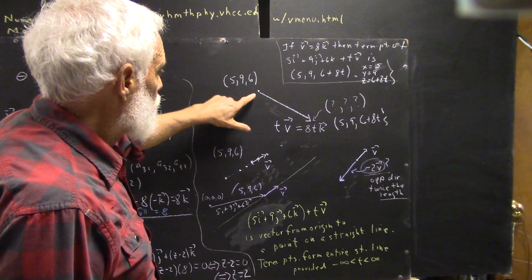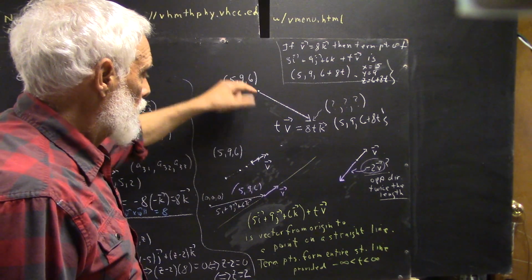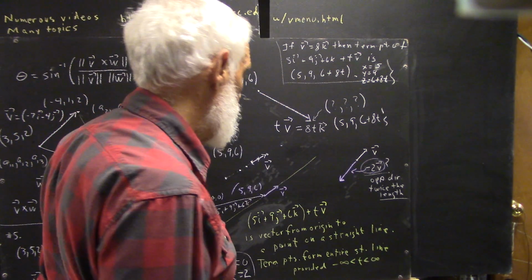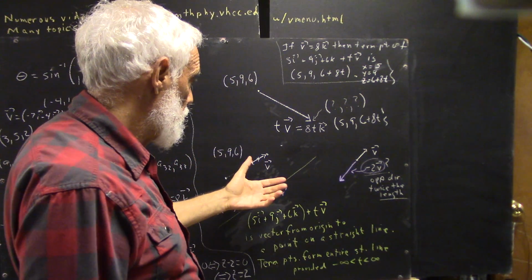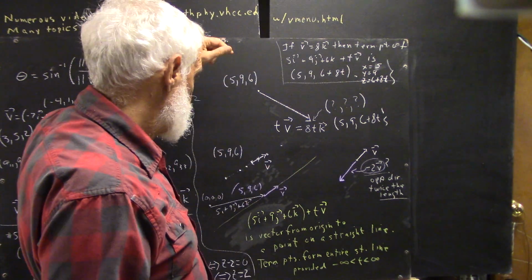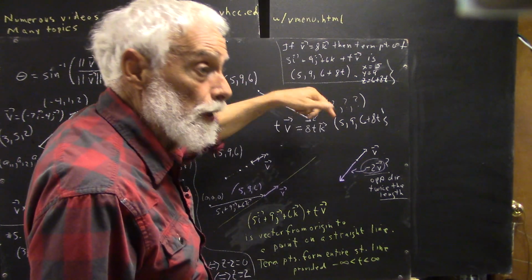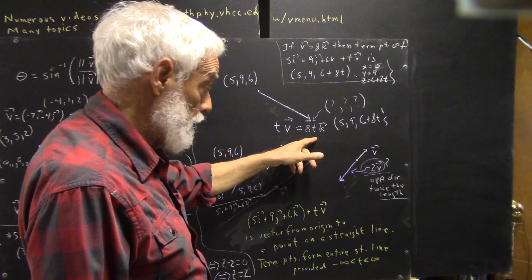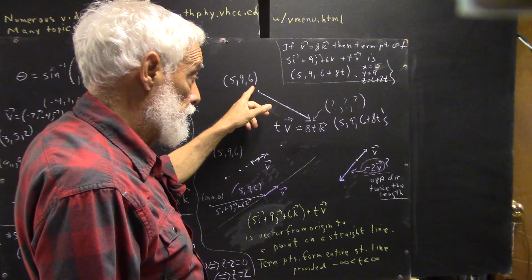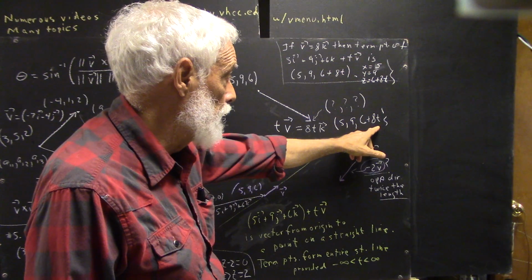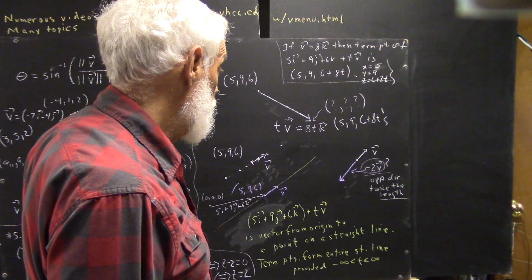If we have initial point 5, 9, 6, and we displace through the vector 8TK, where are we? Well, the three coordinates will be what? 8TK changes our z-coordinate by 8t. So our z-coordinate starts at 6, and we change it by 8t, so we end up at 6 plus 8t.